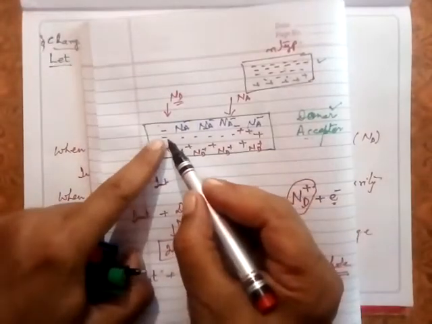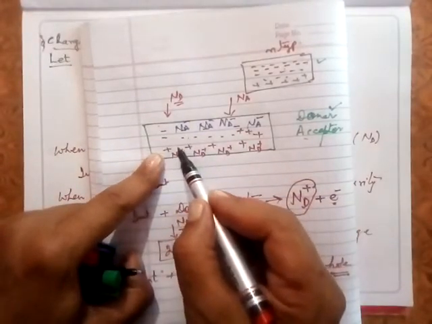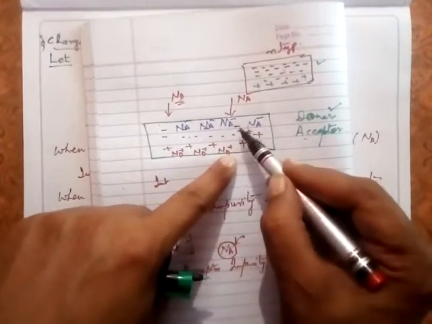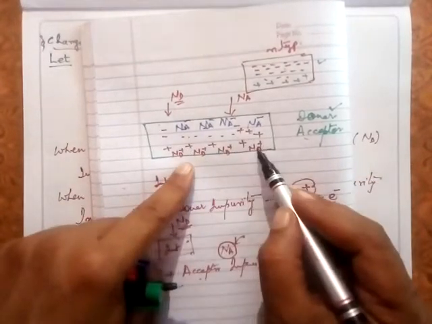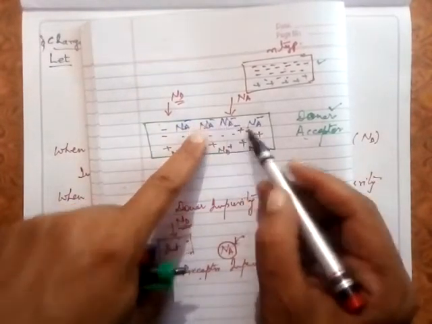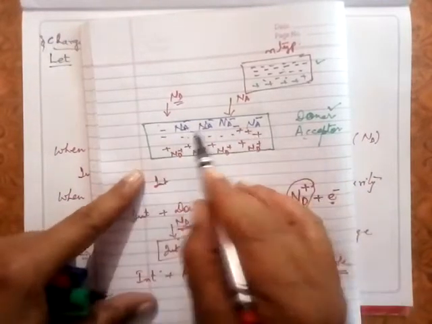And what is the total positive charge? Initially you had the intrinsic electrons and holes. Now this donor impurity has lost electrons and has become a positive donor ion. Acceptor impurity has accepted electrons, lost holes, and has become a negative ion.